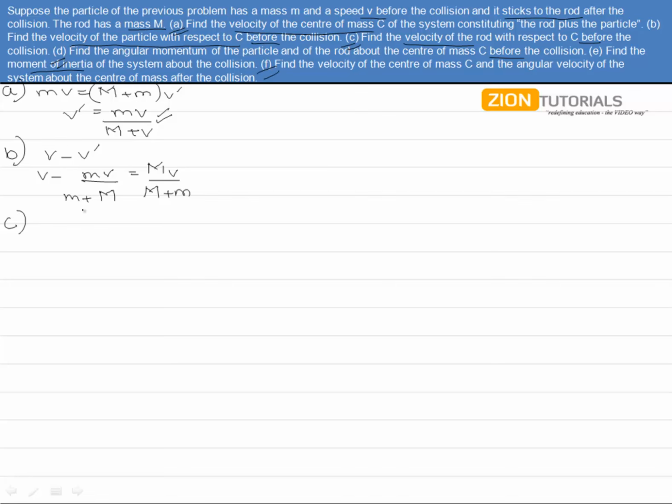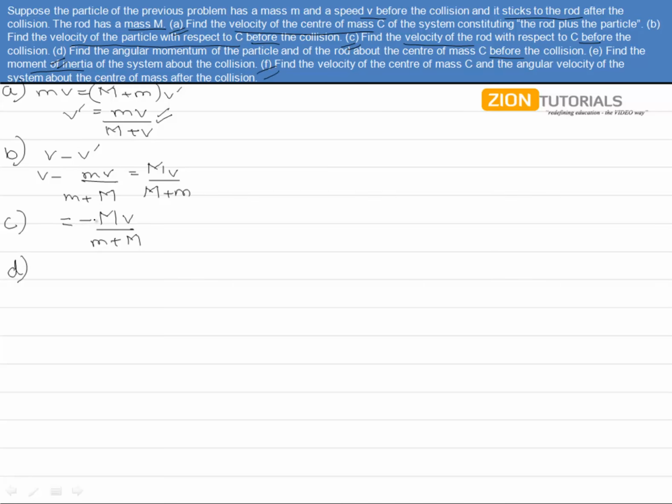Now we can write down that the velocity of the rod with respect to C before collision is minus times what its velocity is. So minus times mv upon m plus M, right?